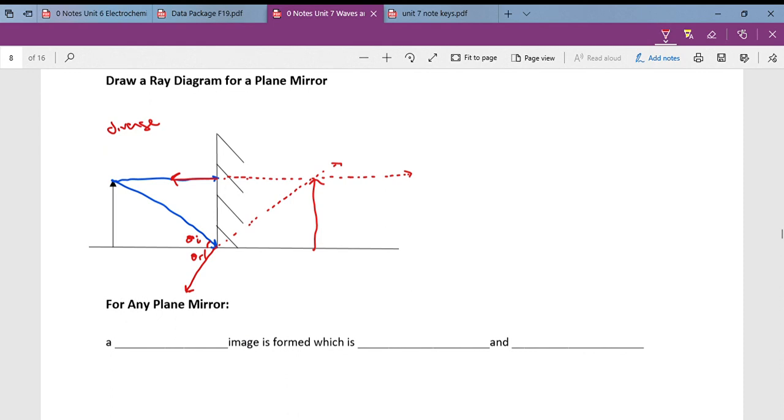So it's going to be an image formed behind your mirror. So we are going to get a virtual image, which is upright. When you look in a mirror, you want to see yourself upright. It would be weird if we looked in a mirror and saw ourselves upside down. So a virtual image is formed, which is upright, and it should be the same size.